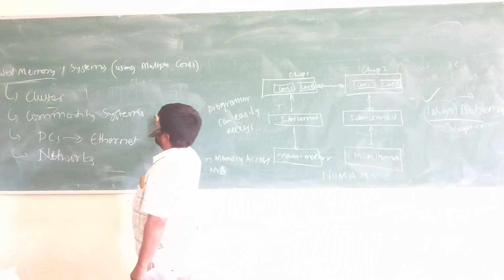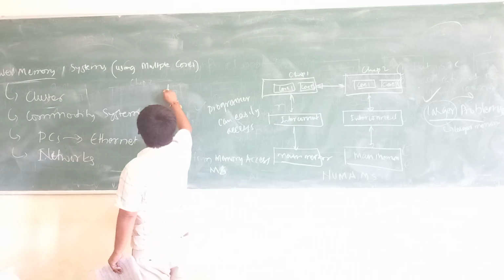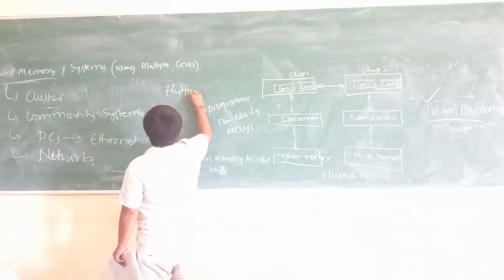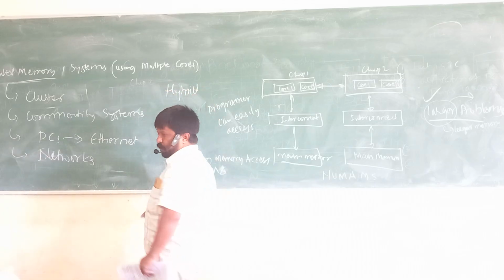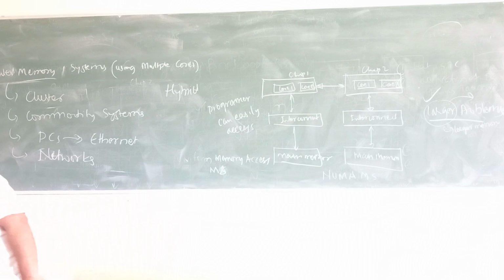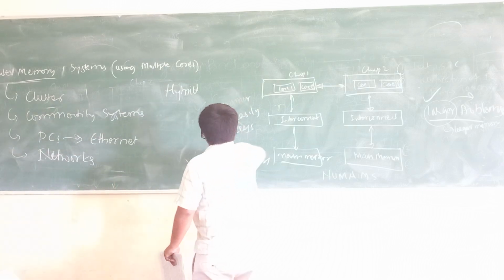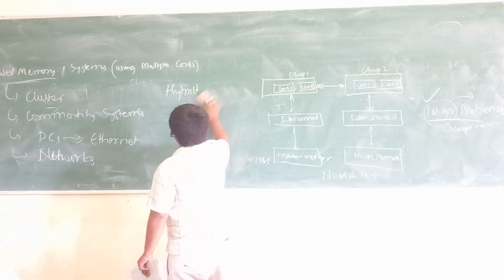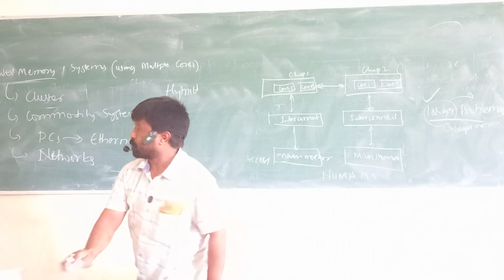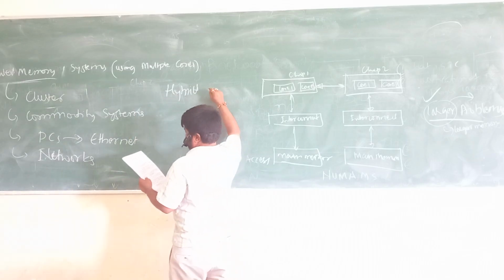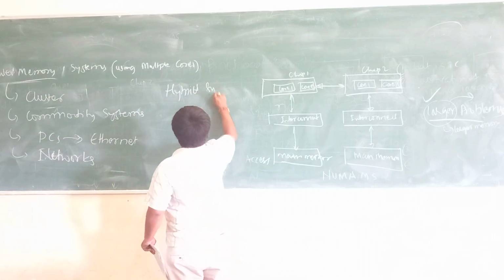Usually distributed memory systems are called hybrid systems, because we are connecting more than one multi-core system here.